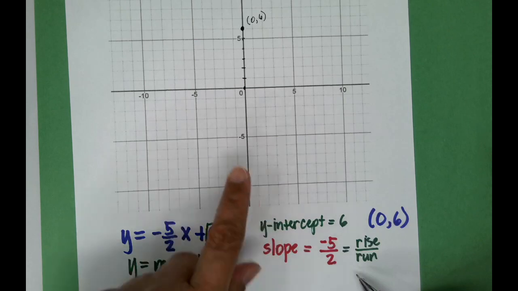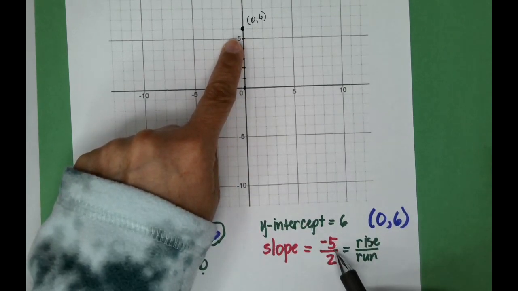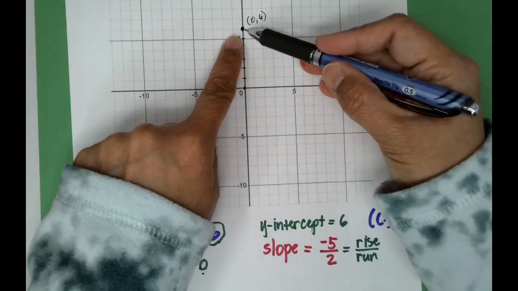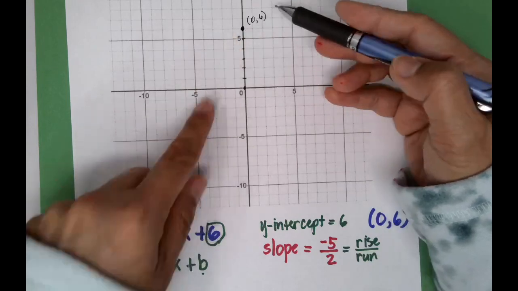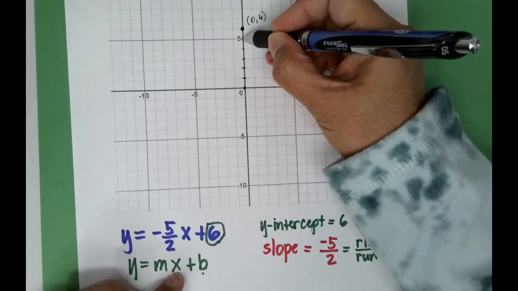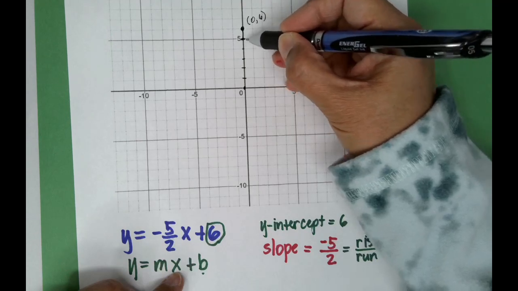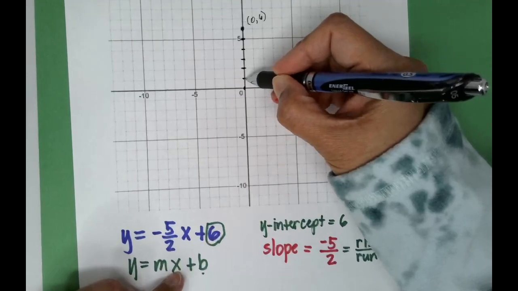Now, from the y-intercept, we are going to find another point using the slope. Because the rise is -5, from this point we move 5 units down: 1, 2, 3, 4, 5.